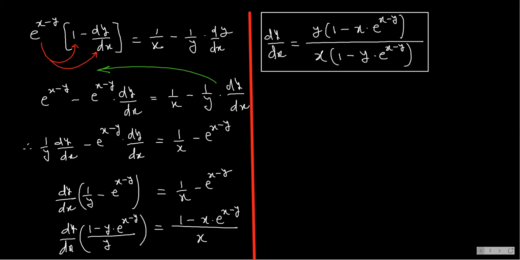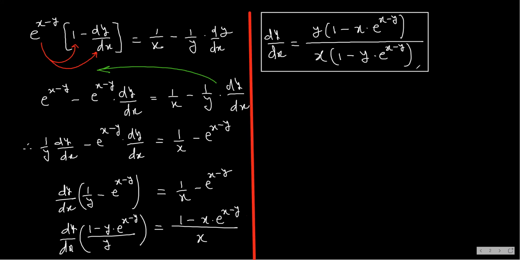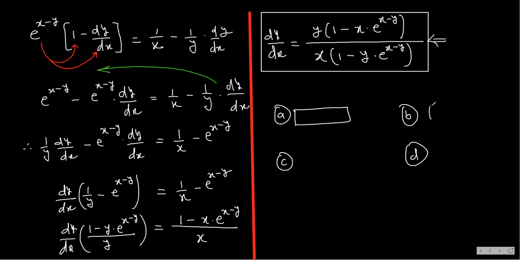Okay students, there is a possibility that if you get this question in any of the entrance exams, after you have solved this, the options for dy by dx are A, B, C, D. There is a possibility that after getting this dy by dx, you will not see this answer anywhere.